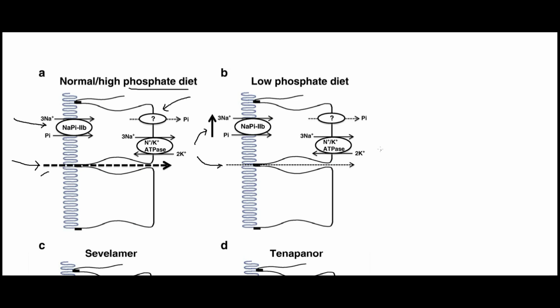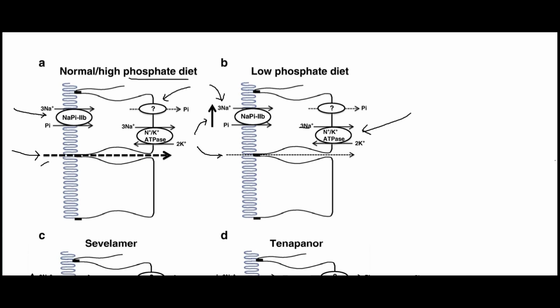And we see that this sodium potassium transporter maintains that low concentration of sodium inside the cell so that this can actually be going down the gradient and helping to bring the phosphate into the cell.